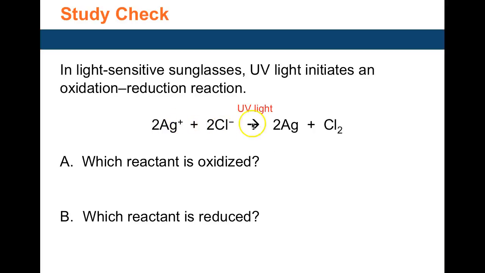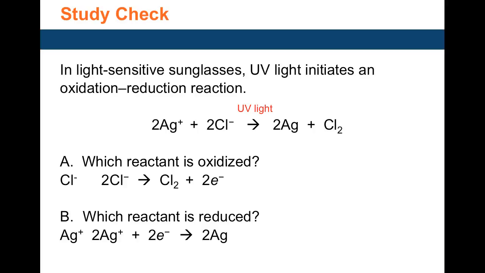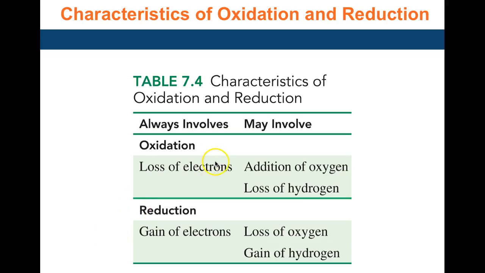So from +1, it's gone to 0, it's come down. That means that is getting reduced. From negative, it's going to 0, so it's going upward. That is getting oxidized, all right? So the Cl minus is getting oxidized, and the Ag plus is getting reduced.